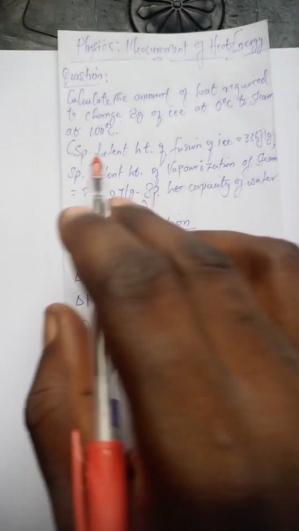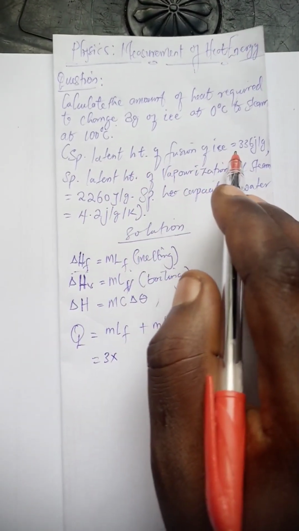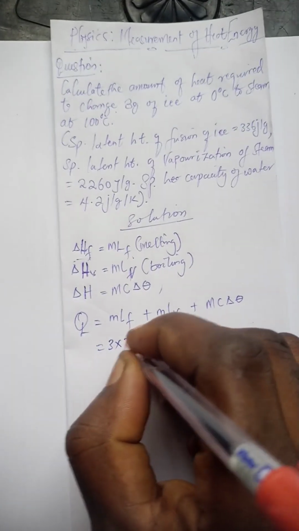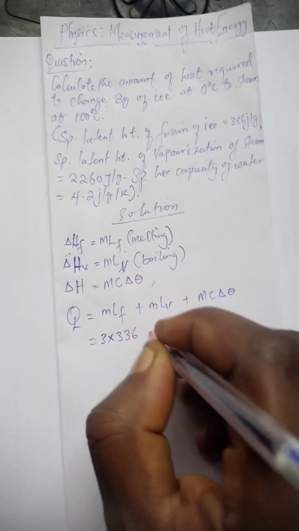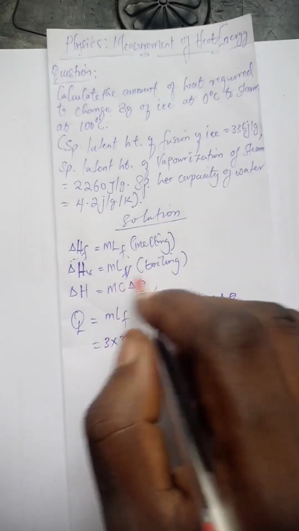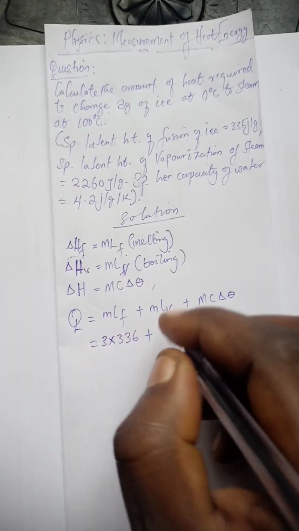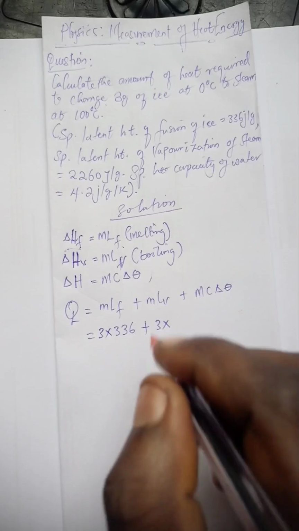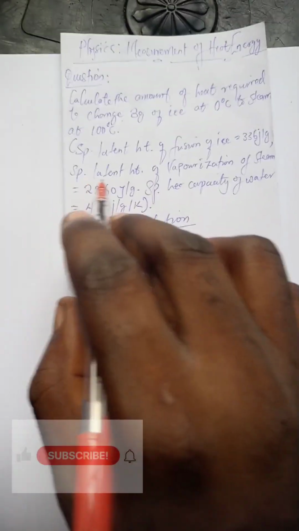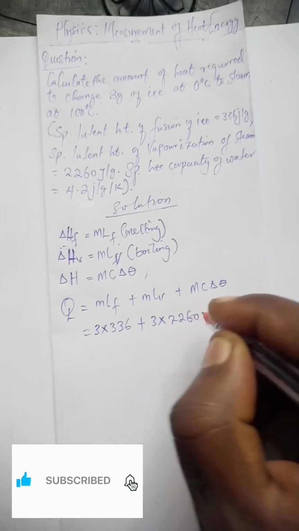We already use it to represent specific latent heat of fusion of ice. So it's 336. Then plus m L_V. This one has to do with vaporization. So we have the mass still remain 3 times L_V, which is specific latent heat of vaporization, is 2260.